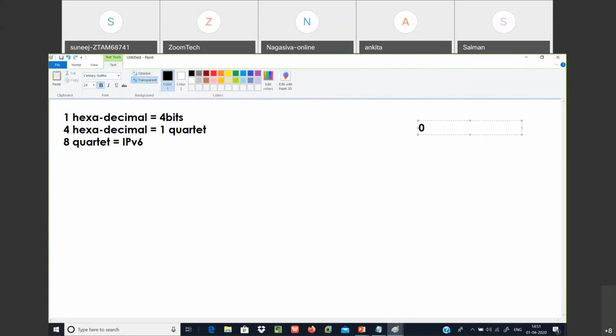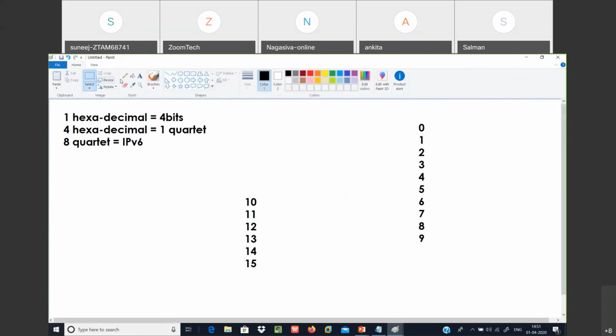Decimal numbers are 0, 1, 2, 3, 4, 5, 6, 7, 8, 9, and then 10, 11, 12. So 1 hexadecimal digit is equal to how many bits, guys? 4 bits, right?